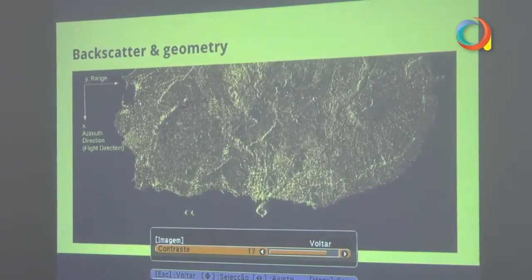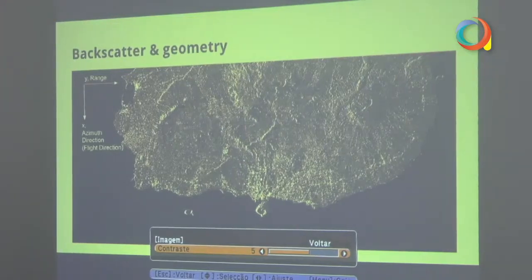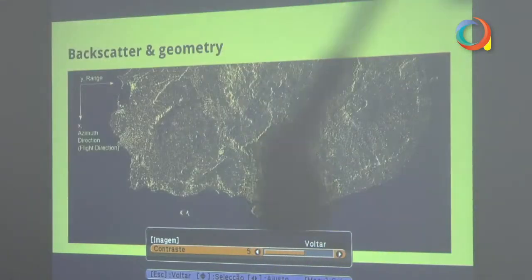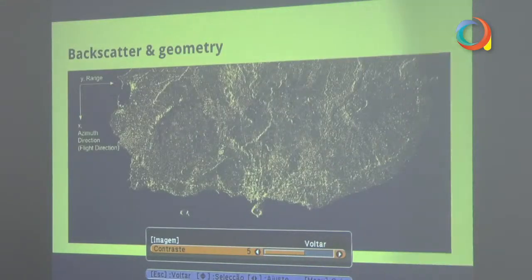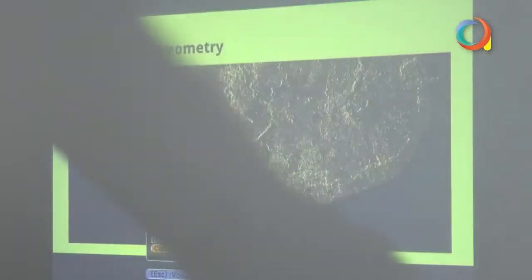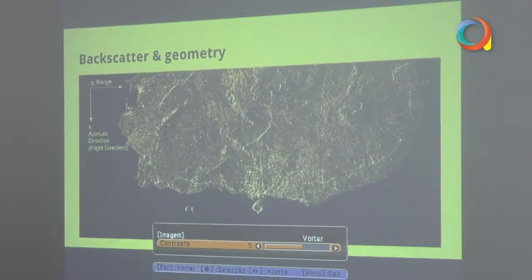Nice. What about the sea floor? Can you go all the way down, very deep? No. The thing is that microwave radiation is reflected on the sea surface, and it has a very tiny penetration depth in water.